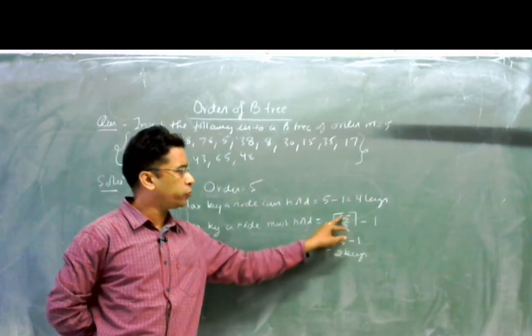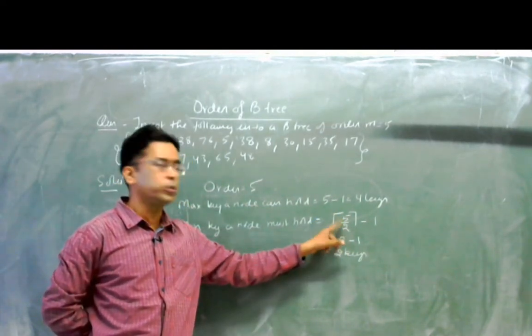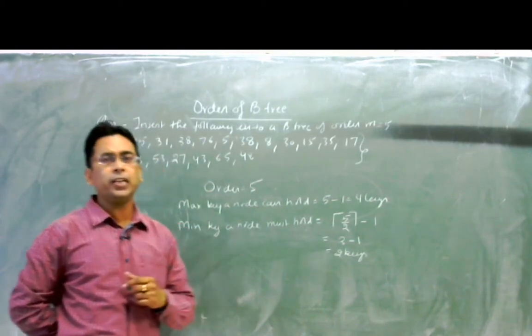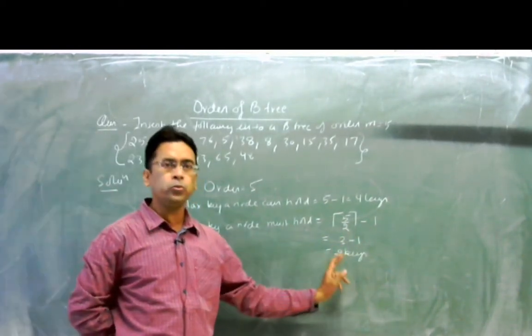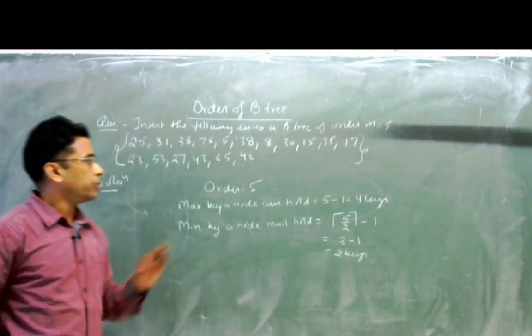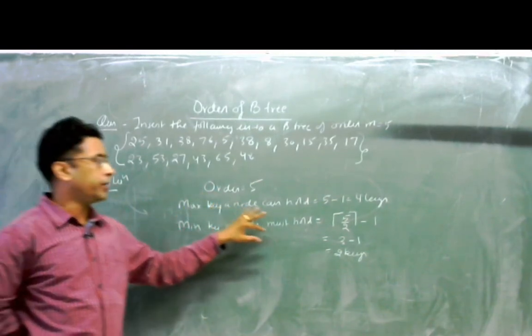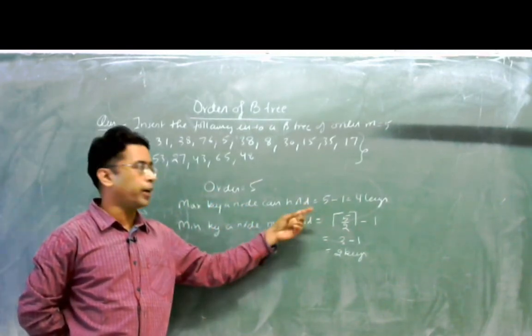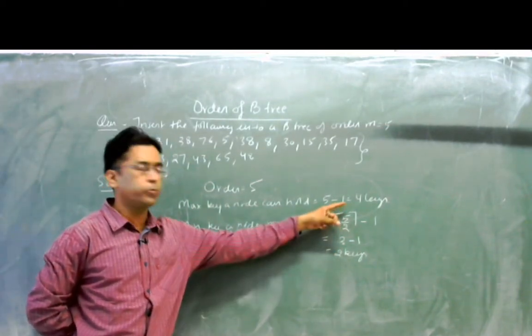That would be 5 by 2, which is 2.5, and the ceiling value of 2.5 would be 3. So 3 minus 1 is equal to 2 keys. So we have to construct the B tree, keeping in mind that a node should hold at least 2 keys and at most 4 keys.